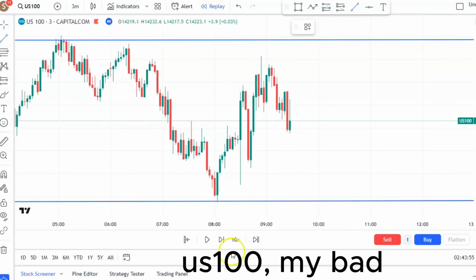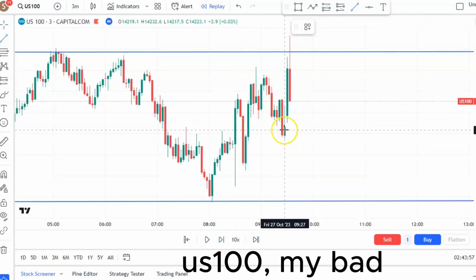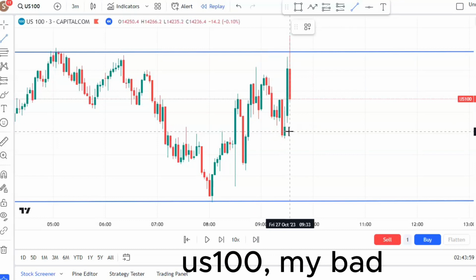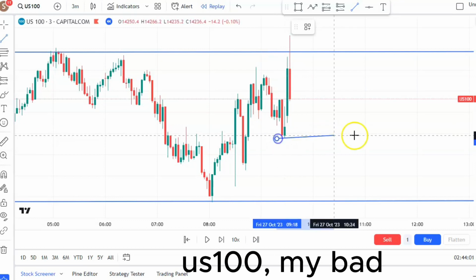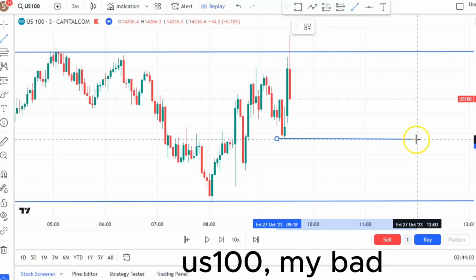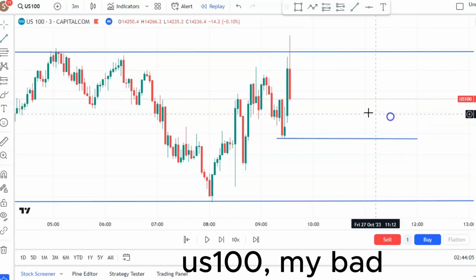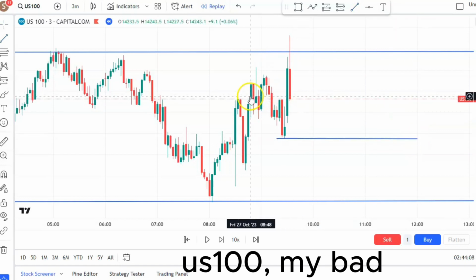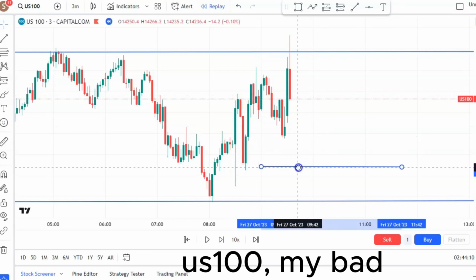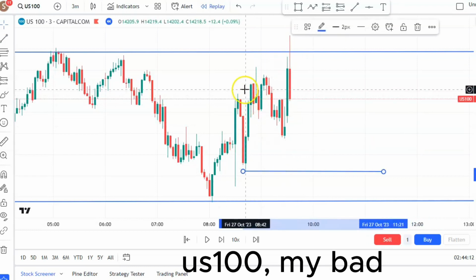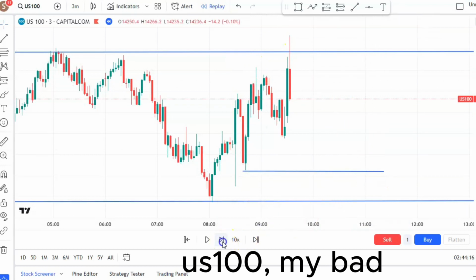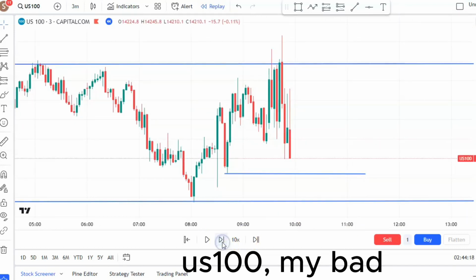So let's wait for 9:30. Alright, so at 9:30, this is my most recent low. Is it? Not really. This is my most recent low, because of this breakout, we've not broken out, so let's.